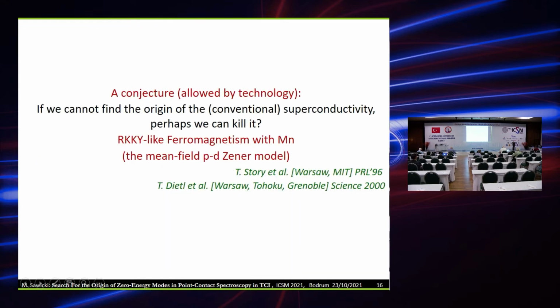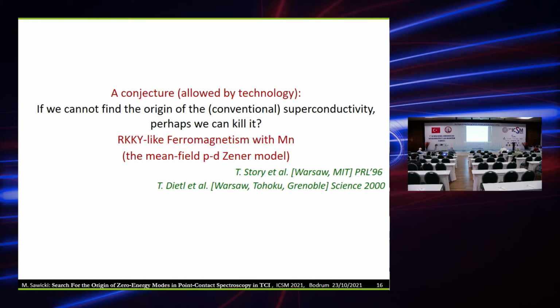So what's left? In our final attempt, we decided to change strategy. If we were not able to find the source of superconductivity, we decided to kill it. And the best way to kill superconductivity is to introduce global ferromagnetism.